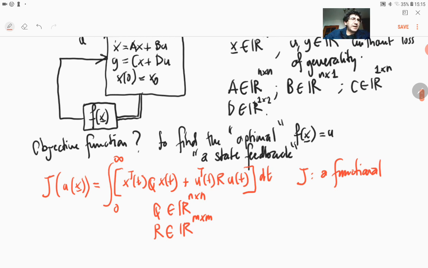We have defined u to be a scalar, so in this case R also will be a scalar, and these are known as weighting matrices. Q and R are design variables that will determine what's going to be the weight of the state versus the weight of the input in the objective function.